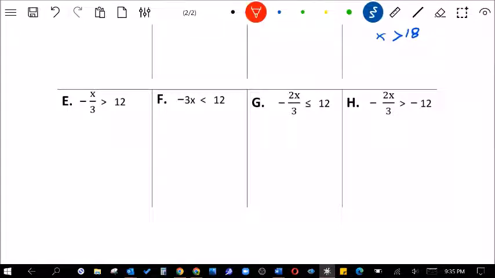So I'm going to do the same kind of thing here, where I'm going to multiply this by 3, but there's a negative number. So in this case, let's first just multiply by 3. And so what I get is negative x greater than, oh, I didn't write 3 here, so now let me write it. There, now it's written. It's greater than 36, but I have a negative there.